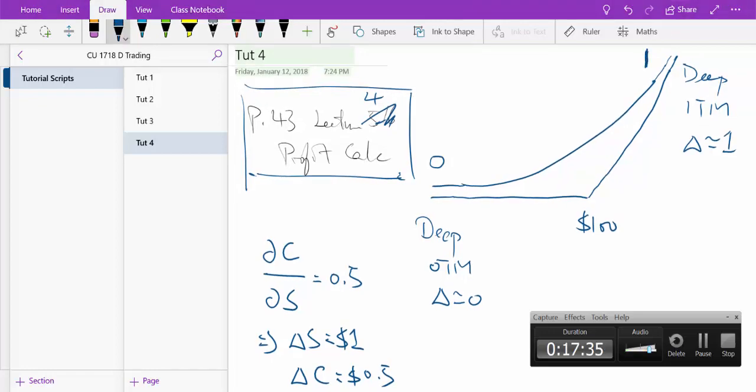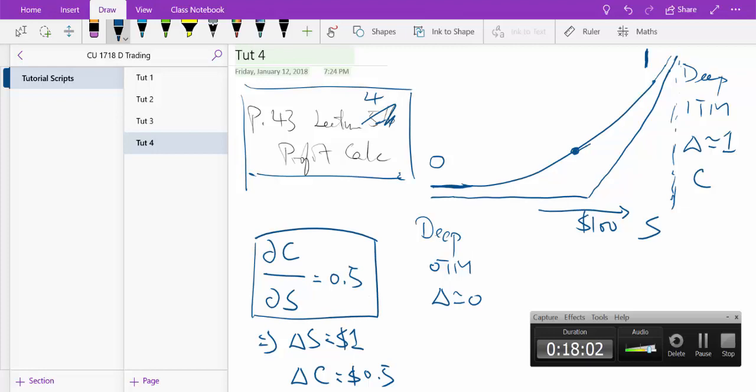Now, delta in the end is nothing more than a measure of, so the x-axis is the stock price, and the y-axis is the option price. So when you have dC by dS, it is basically the gradient or the slope. At this point, I'm pretending this point is at the money. Actually, it's a little bit off, somewhere here. So it is the tangent at this particular point.